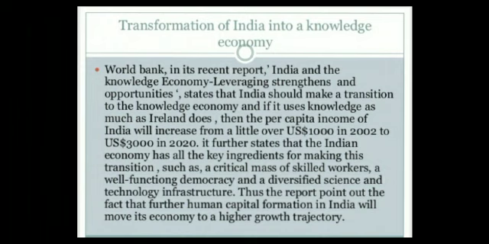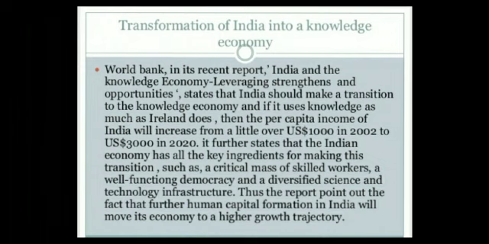Transformation of India into a knowledge economy. The World Bank in its recent report, India and the Knowledge Economy: Leveraging Strengths and Opportunities, states that India should make a transition to the knowledge economy, and if it uses knowledge as much as Ireland does, then the per capita income of India will increase from a little over 1,000 US dollars in 2002 to 3,000 US dollars in 2020.